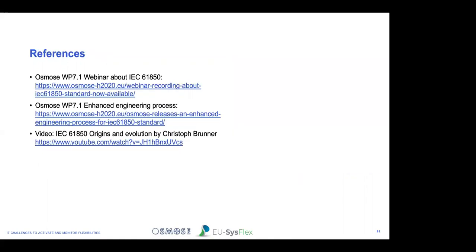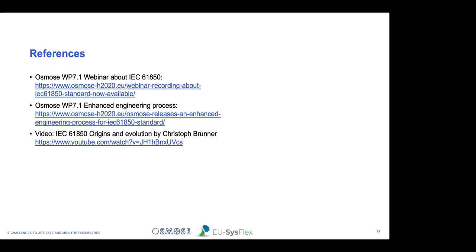Next slide, which will be the last one. If you want to have more information about CCO and FTT, because this is really a fast introduction, I could speak more than 1 week to present the different aspects of it. So OSMOSE Work Package 7.1 has already provided a webinar 1 month ago, so you have the link here.